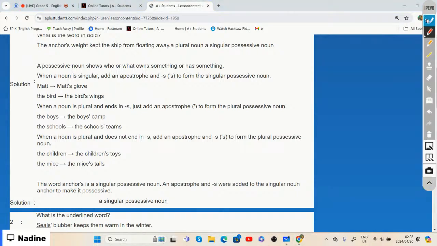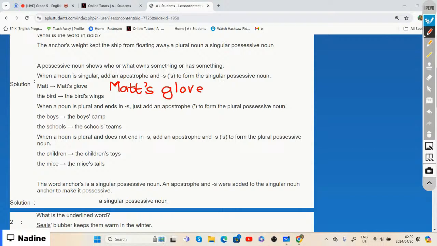And when we say Matt's glove, we put the apostrophe as well as the S. And that is our singular possessive. It refers to the glove that belongs to Matt. He has it. He owns it. It belongs to him.